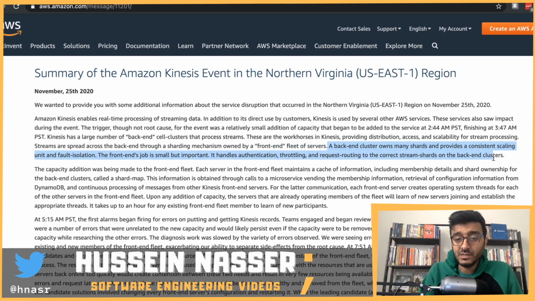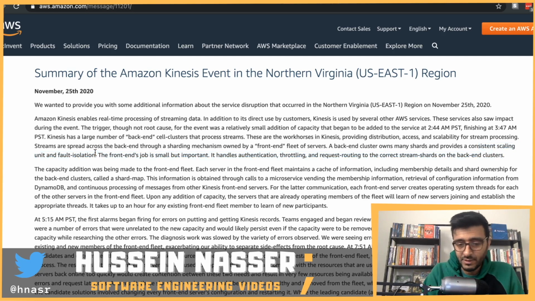A backend cluster owns many shards and provides a consistent unit of scaling and fault isolation. Yeah, of course you need that. They are replicated. They're everywhere. They're just not unique, right? You have to duplicate it in case of a fault. Let's say, what if a backend server or cluster fails, right? You need to do load balancing on that.